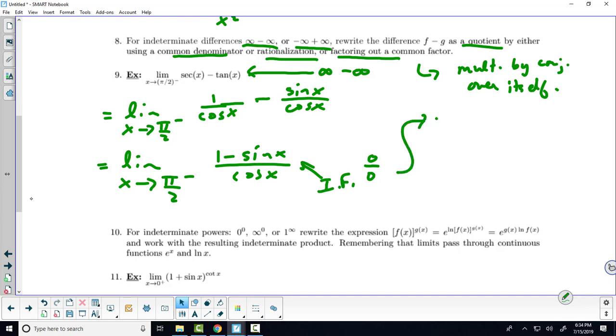So now we're ready to apply L'Hopital's rule, and we get the limit as x approaches pi over 2 from the left of minus cosine of x all over minus sine of x, which you can argue two ways.